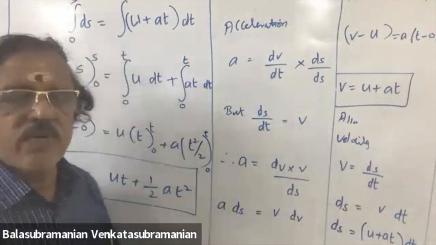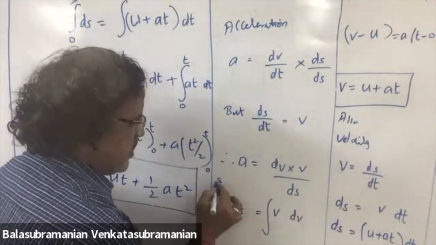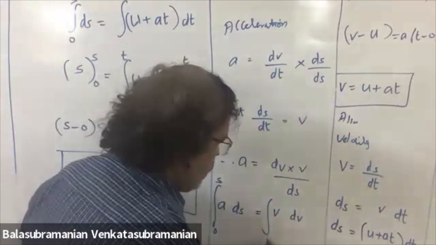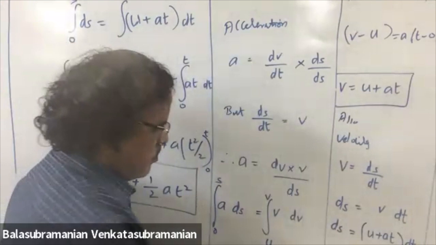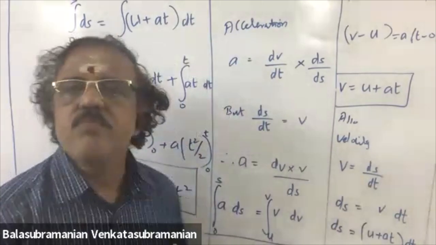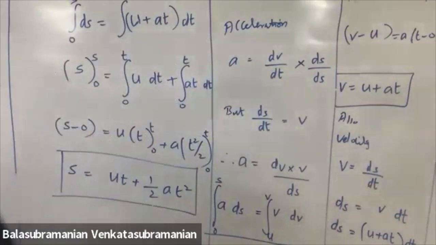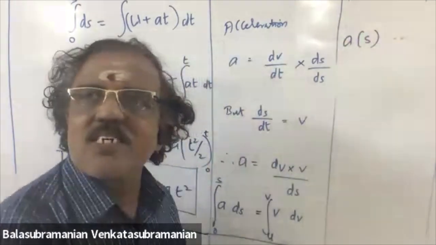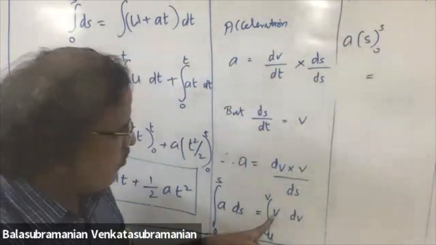We have to integrate the equation. Integral limit 0 to s. Here velocity is a variable, so the limit is u to v. Now integrate. A is constant, integral ds is s, 0 to s, is equal to integral v dv.